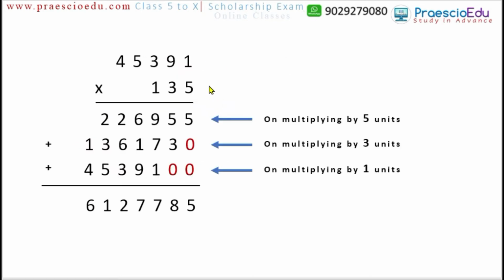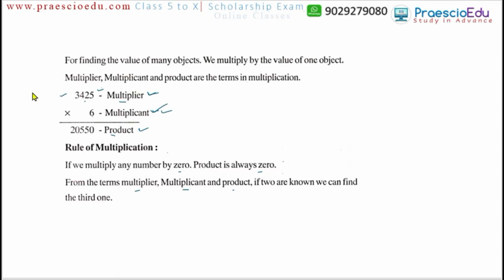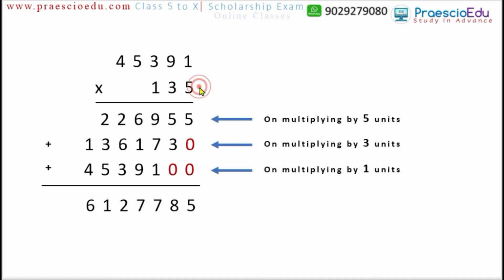Here are some examples. 45,391 is the multiplicand, and the multiplier in this case is 135. Now how to multiply this?